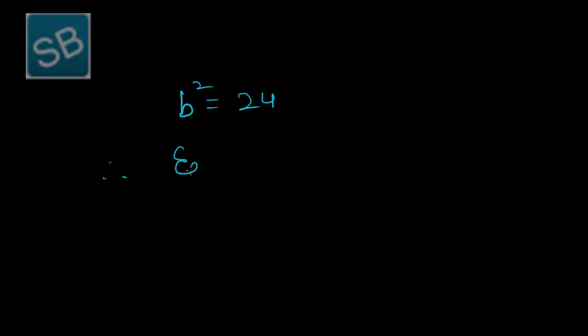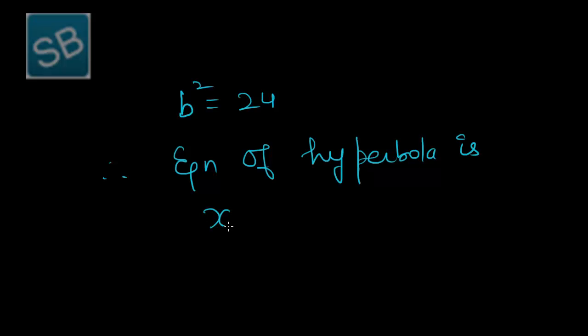Therefore, the equation of hyperbola is x square over a square, that is 25, minus y square over b square, that is 24, is equal to 1, which is the required equation of hyperbola. Now the next problem is problem 5.